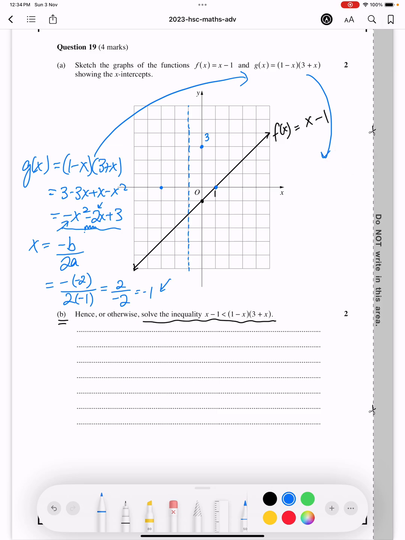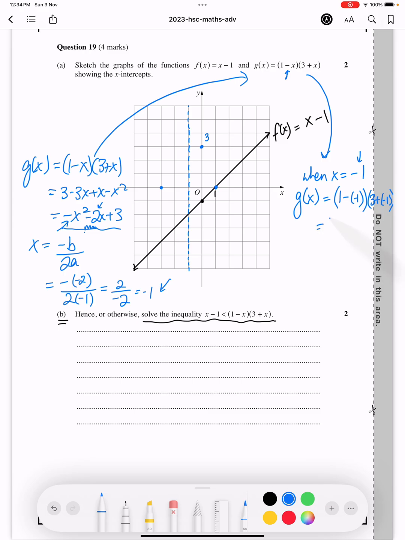Let's bring that down here. So when x equals minus 1, g of x, which is another way of saying y, equals 1 minus, again, there's a minus there, but the value of x is also a minus, so be very careful and use your brackets. 3 plus x, which is minus 1, use our brackets.